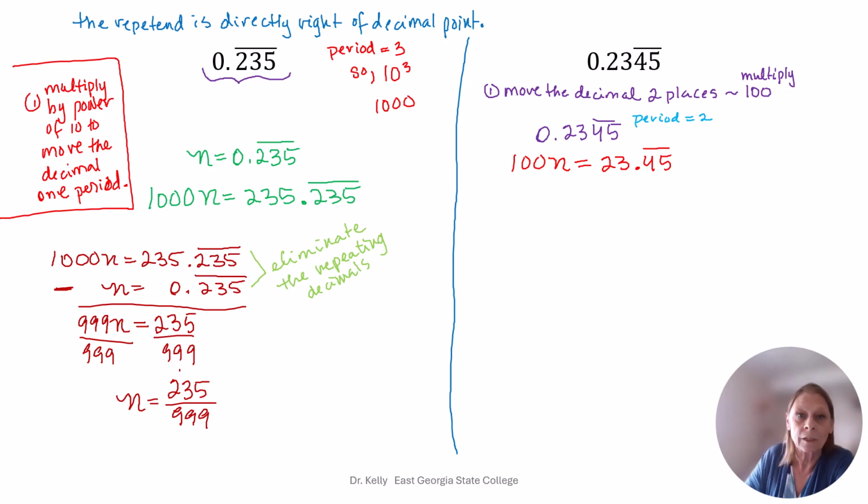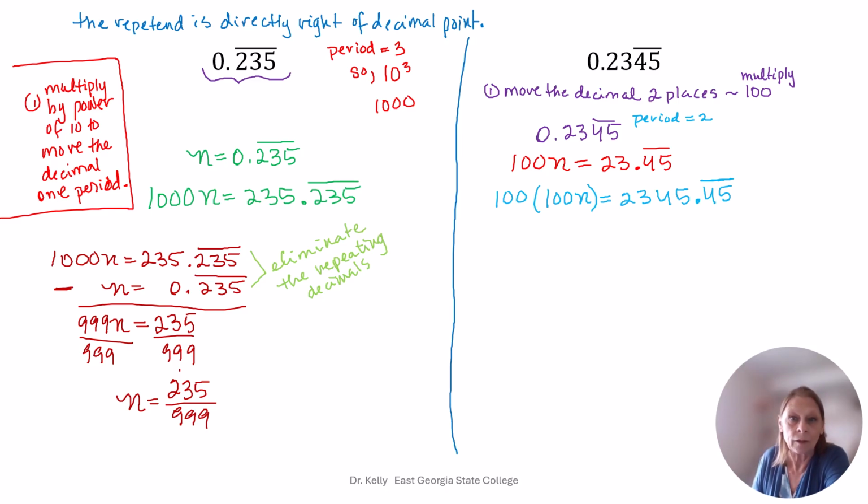So we're going to say 100 times this stuff up here, 100n, and that's going to equal 2345.45 repeating. Notice it takes more than just turning it into a whole number, because we have to be able to remove that repeating part. So this is what we wind up with on this end.